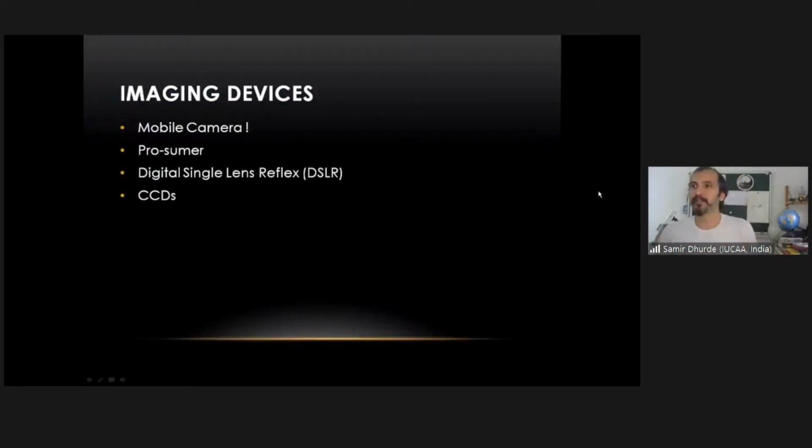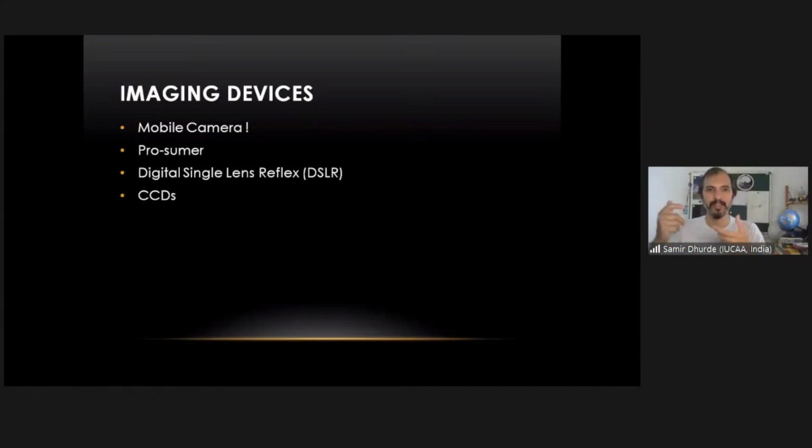Okay, quickly going into imaging devices, which will be covered later, but these are the ones which are available. They, of course, range from the simple mobile camera, which you are carrying around in your pockets these days, to what are called the prosumer cameras, the in-betweens between consumer cameras and professional cameras.